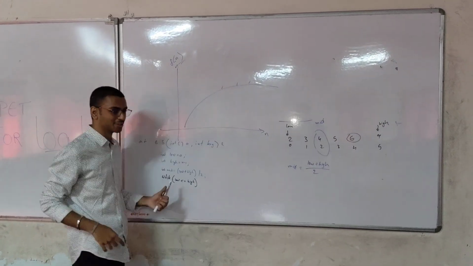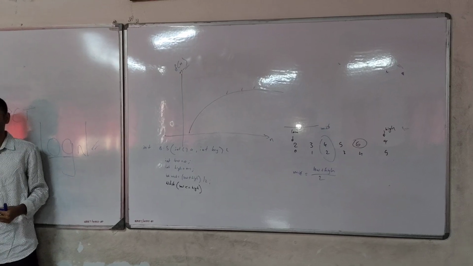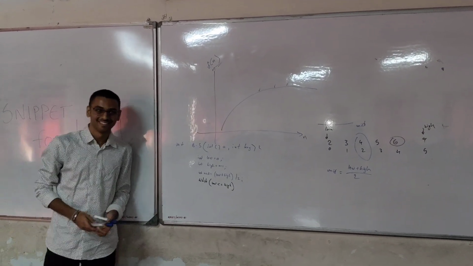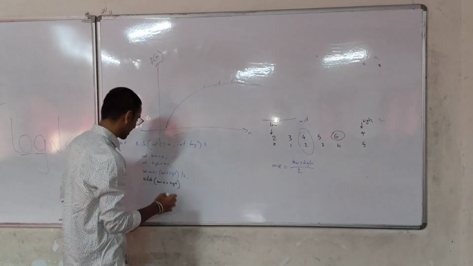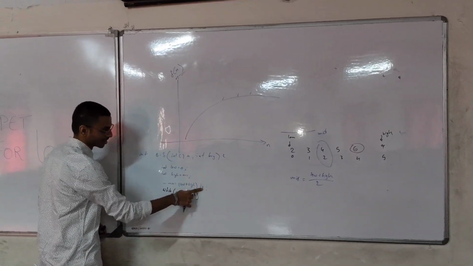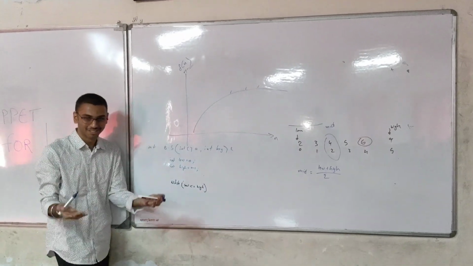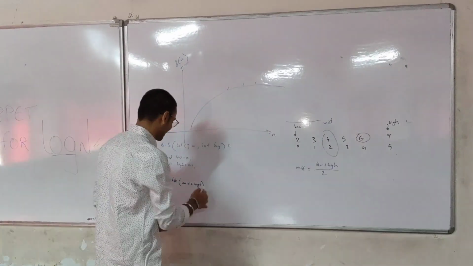So I've made a mistake. Can you spot it? We need not compute the mid in the first place over here. That will be inside the loop, because obviously it has to be in the loop, right?